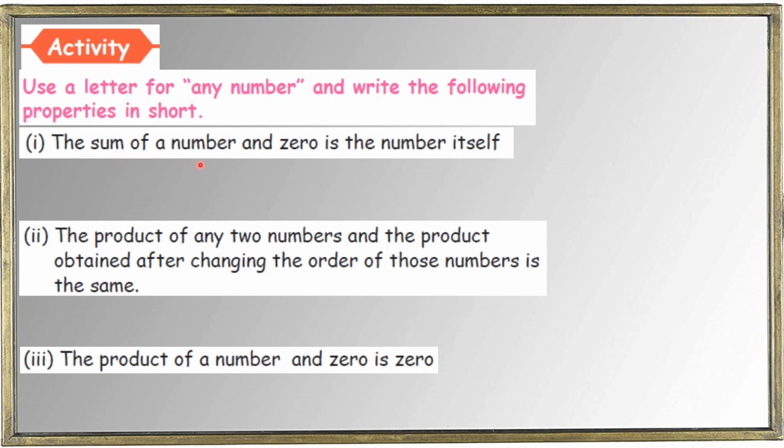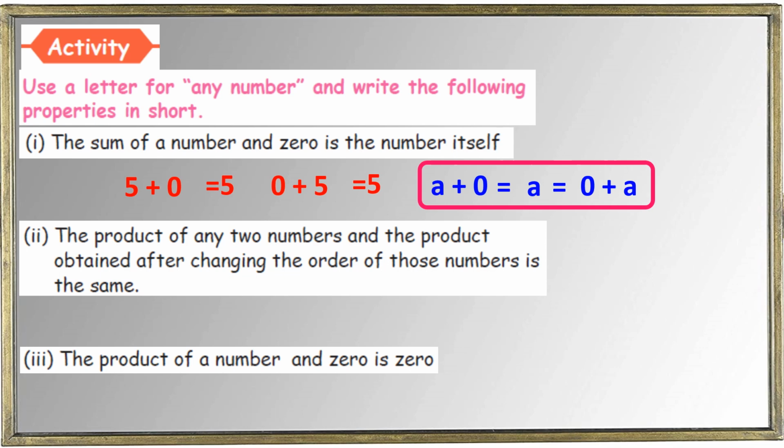So addition of a number and 0. So any number, 5 plus 0 is equal to 5. We can turn it like this, 0 plus 5 is also 5, isn't it? So from this we can write one property, that is a plus 0 is equal to a, which is equal to 0 plus a. This is the property for this given sentence.